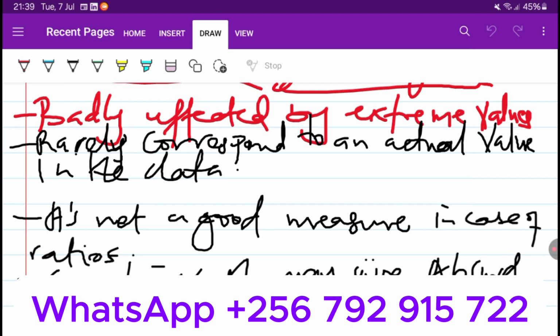So those are some of the advantages and the disadvantages of the mean as a method or as one of the methodologies of getting the central point or central value.